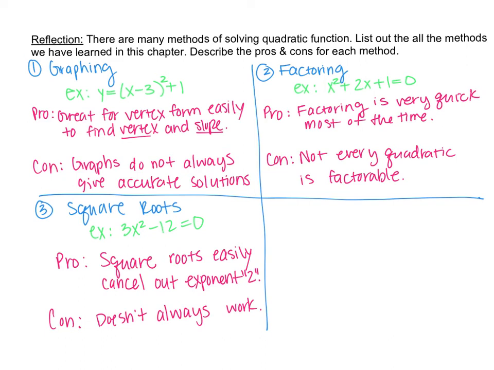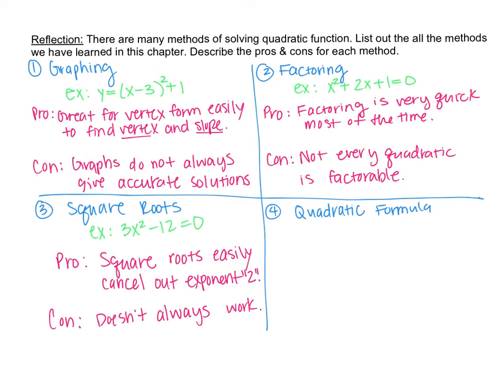So the final method, the method that's always bulletproof, is the quadratic formula. To use the quadratic formula, it has to be in standard form. If you have something in vertex form and you want to use the quadratic formula, you would have to expand the squared expression and simplify it down to a trinomial.